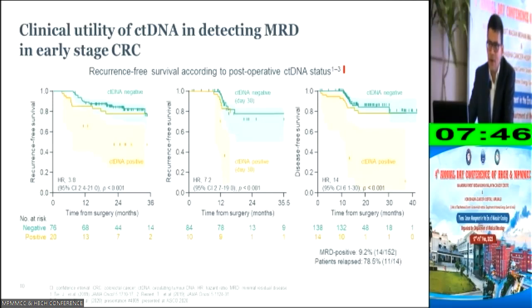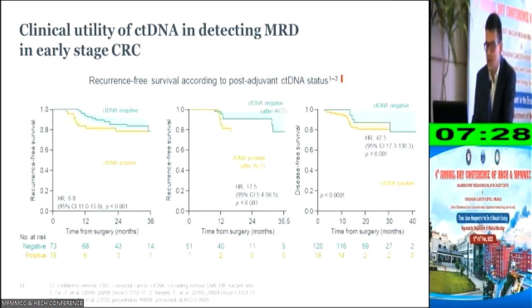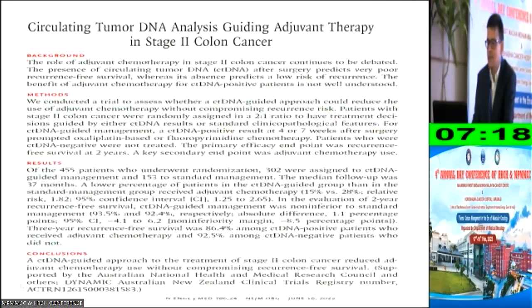So if you have an MRD positivity after curative intent treatment in early stage colorectal cancer, if the ctDNA is positive, the chance of recurrence is almost 80%. I don't think any other test can predict this strongly about the chance of recurrence in colorectal cancer. And post-adjuvant therapy, the ctDNA negative patients do better than the ctDNA positive patients.